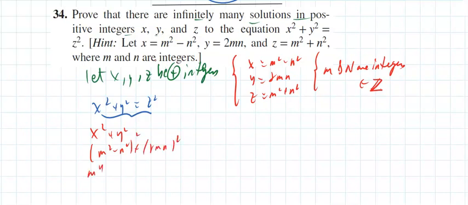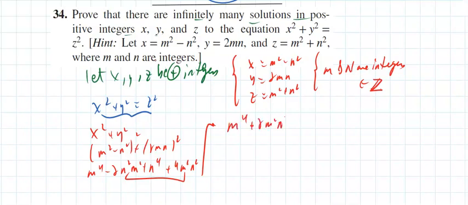Isn't that m to the fourth minus twice m squared n squared plus n to the fourth, plus 4m squared n squared? Wouldn't these two combine and get me m to the fourth plus 2m squared n squared plus n to the fourth? Isn't that m squared plus n squared, squared? And by definition, isn't that z squared?